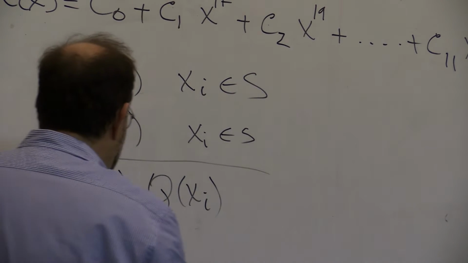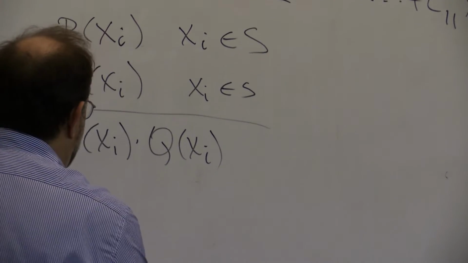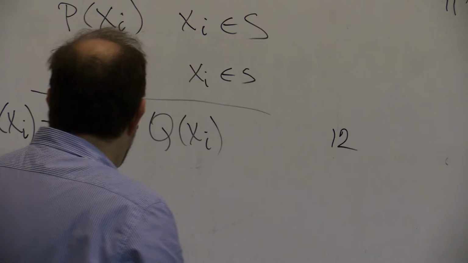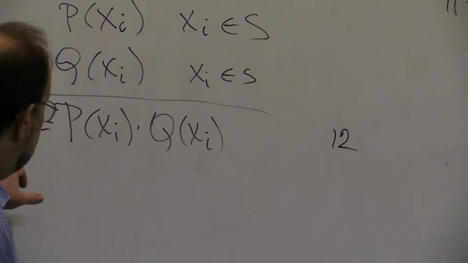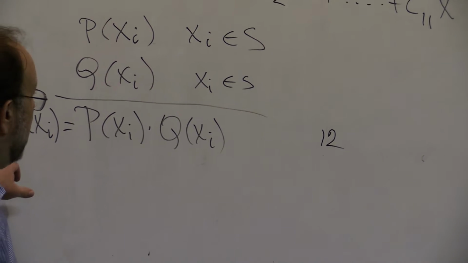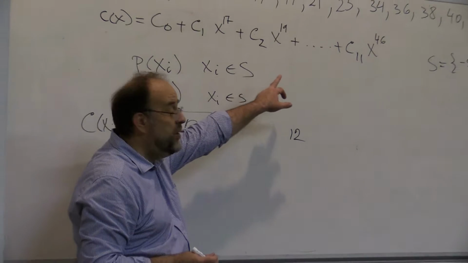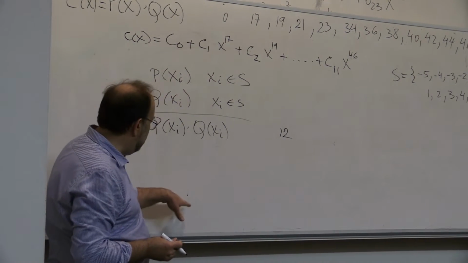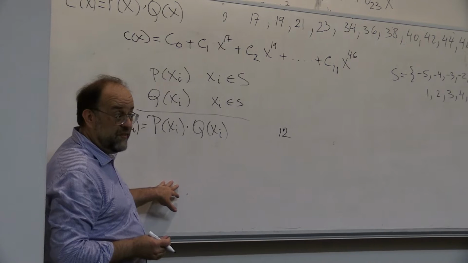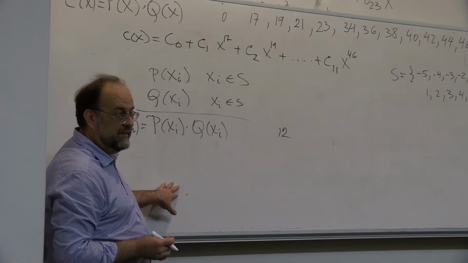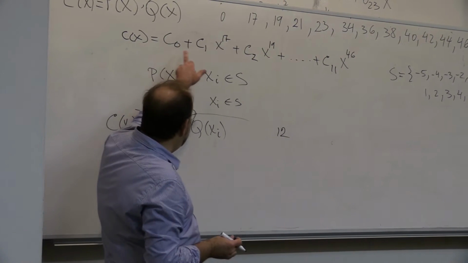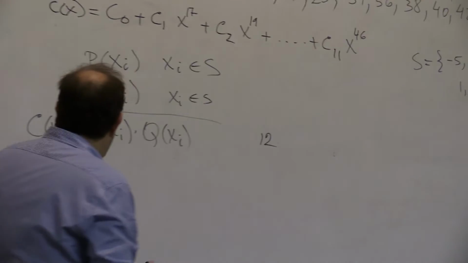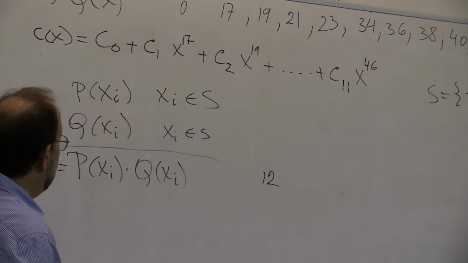Right? So now you will have how many? 12 values. And you will have how many variables? You have 12 unknowns, and 12 equations to solve. Because we have only 12 distinct values of c, so there are 12 variables here.